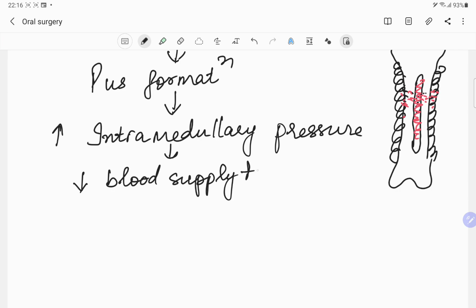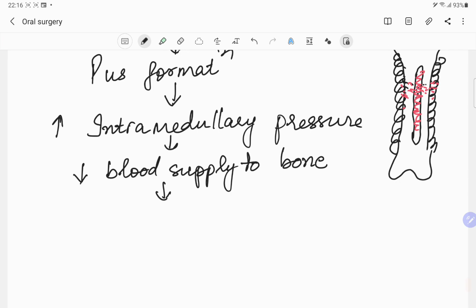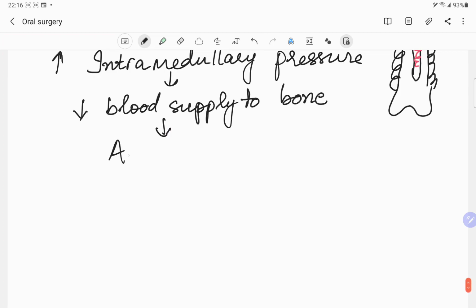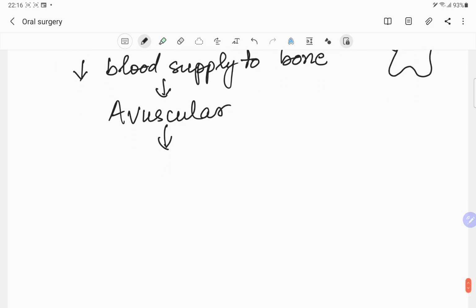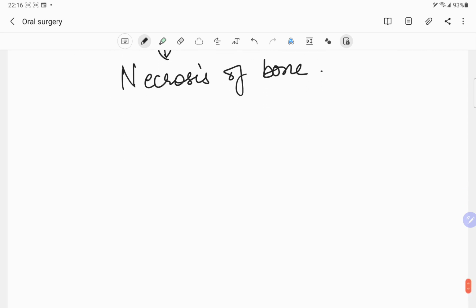Since there is reduced blood supply, the bone becomes avascular. Now that the bone is not getting enough nutrition, not getting enough blood, the bone starts dying, which we call the necrosis of the bone. So this is the whole process of the pathology of osteomyelitis.